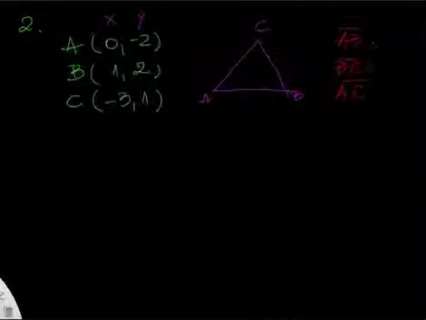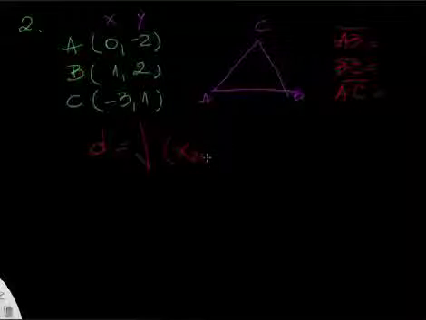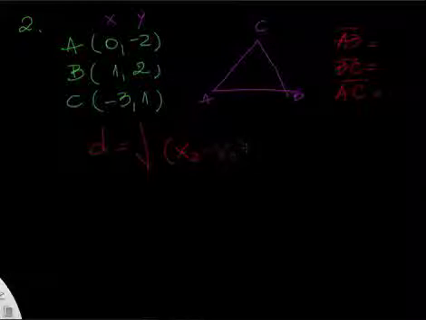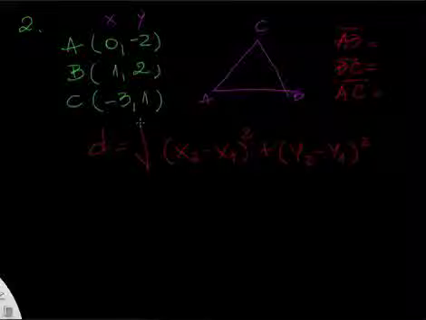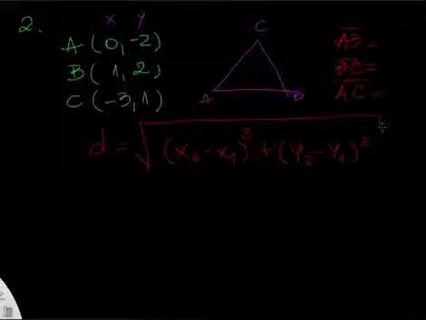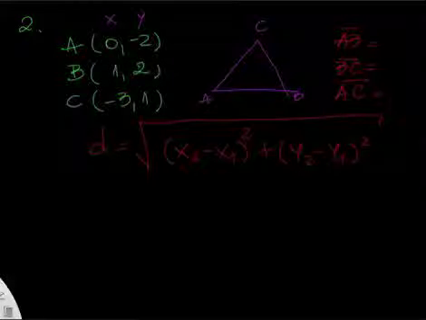So, as I said before, the way to find those distances is by using the distance formula, and that is equal to the square root of (x2 minus x1) squared plus (y2 minus y1) squared. Now, simple, we just have to replace those points.